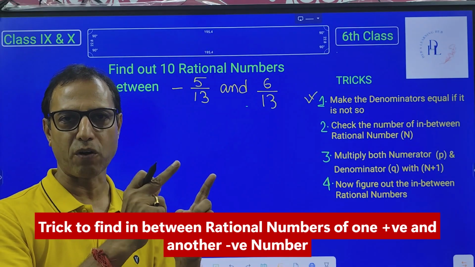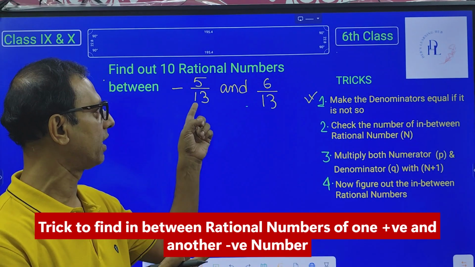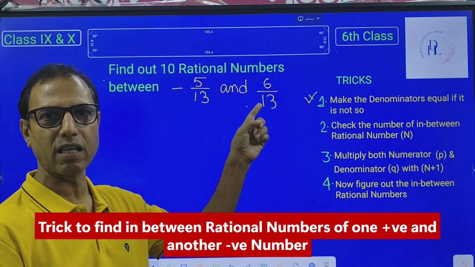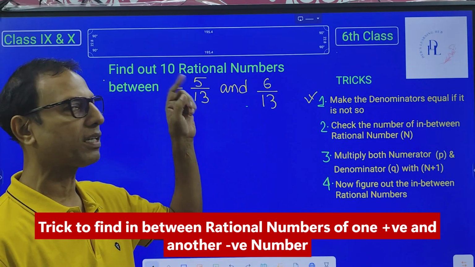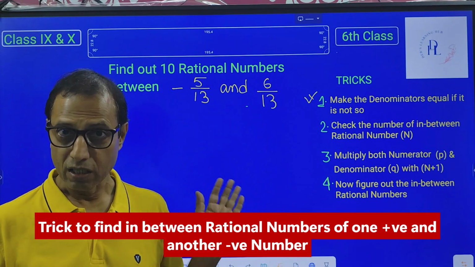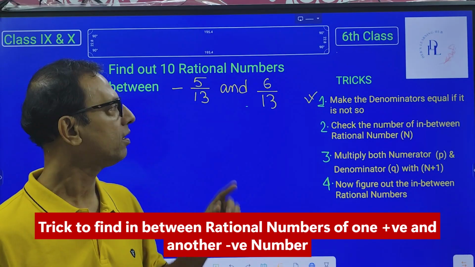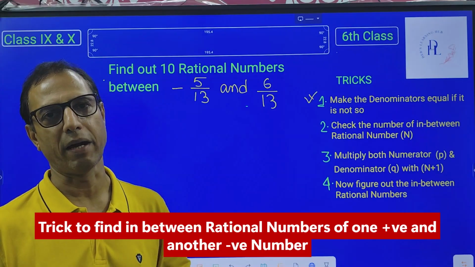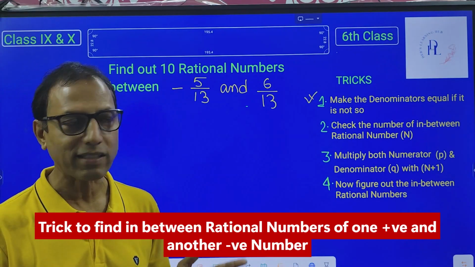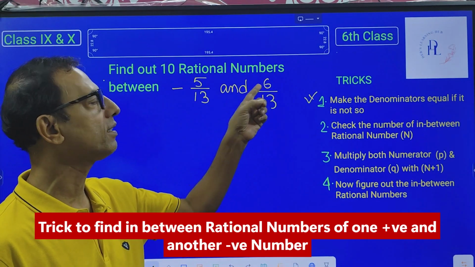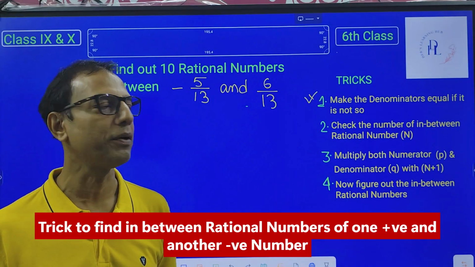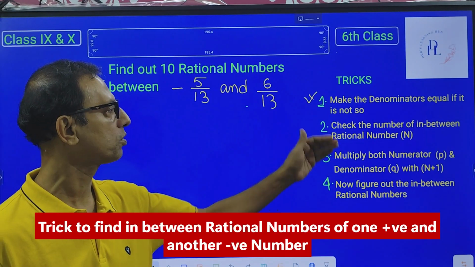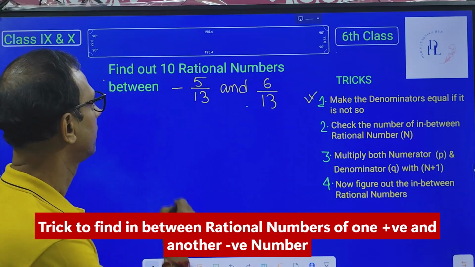You are traveling from minus 5 by 13, the lower boundary, to 6 by 13, the upper boundary. So minus 5 by 13, next number is minus 4 by 13, then minus 3 by 13, then minus 2 by 13. So that's how if you come, then within 6 by 13, already you will have 10 rational numbers. So ये दो स्टेप का जरूरत है ही नहीं यहाँ पे.